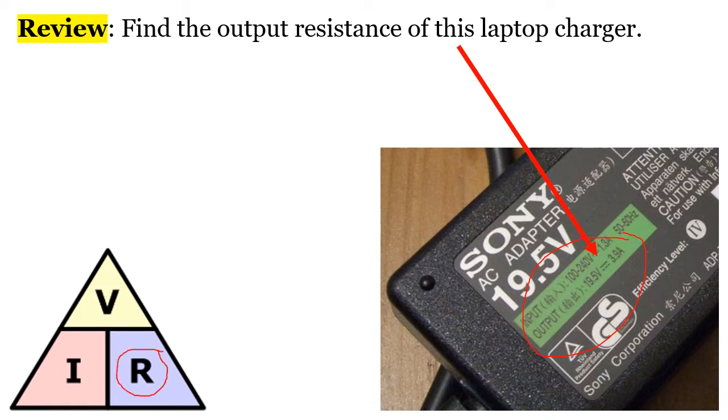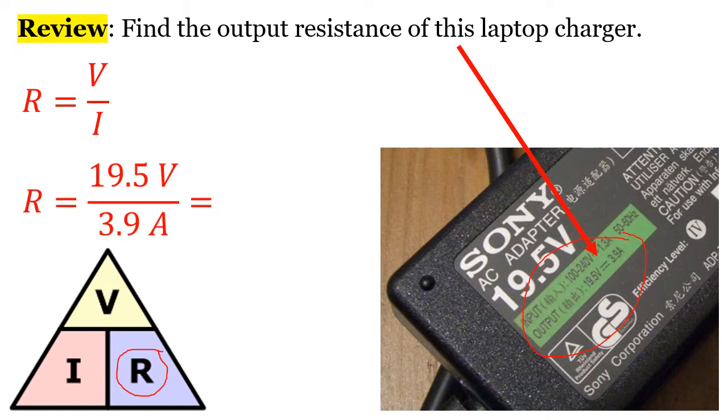So resistance is voltage over current. And then let's go ahead and plug in our values. So the voltage is 19.5, the current is 3.9. So let's do a quick substitution here. And then if we get our calculator out, 19.5 divided by 3.9 gives us a resistance of 5 ohms.